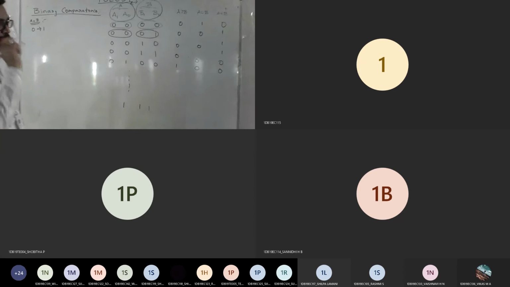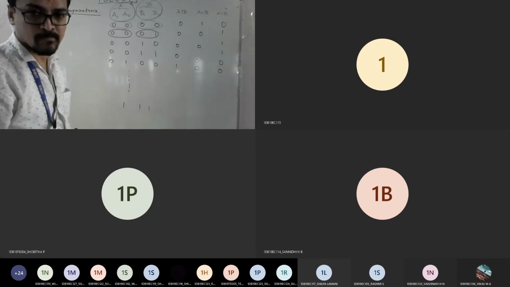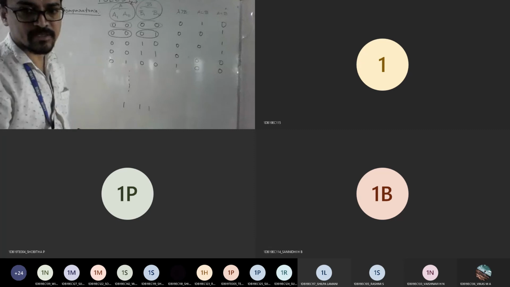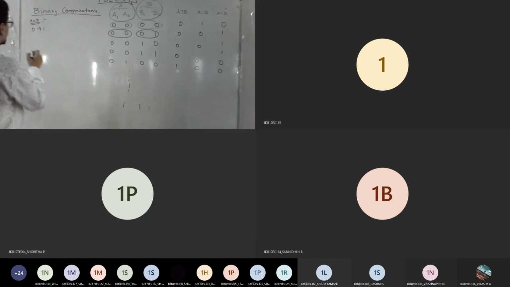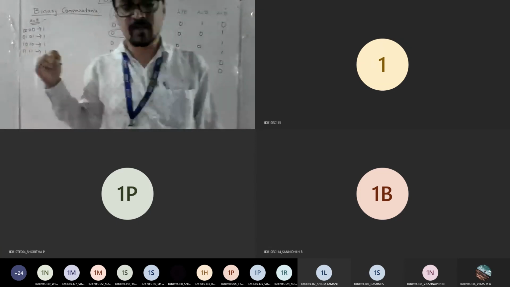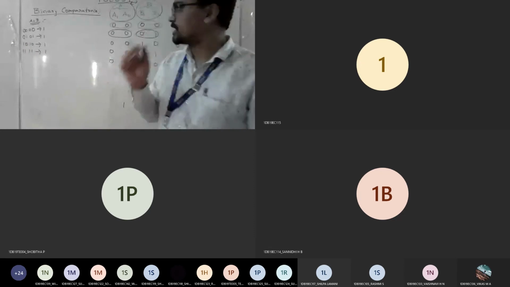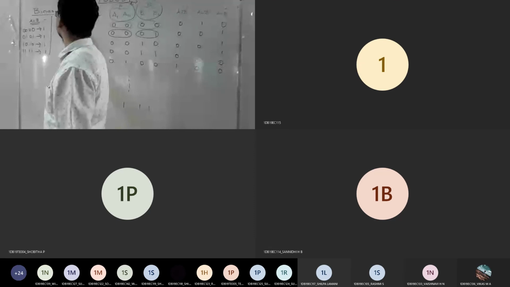Then which combination did you tell? 0 1 0 1, correct? 0 1 0 1 is also 1. Then again 1 0 1 0 is also 1. Then 1 1 1 1. So are those the 4 combinations you got? Everyone? Yes. Okay.